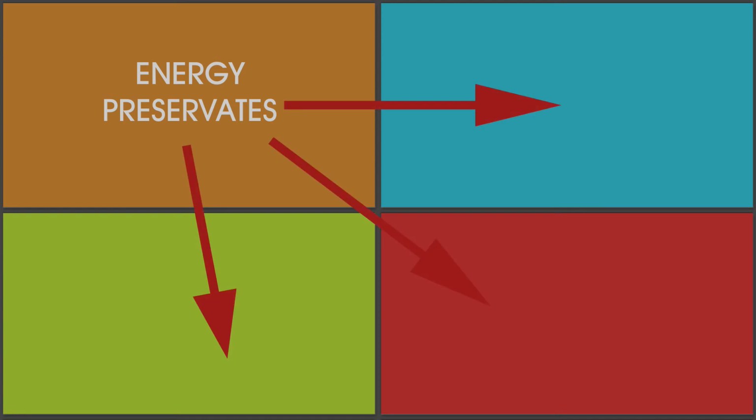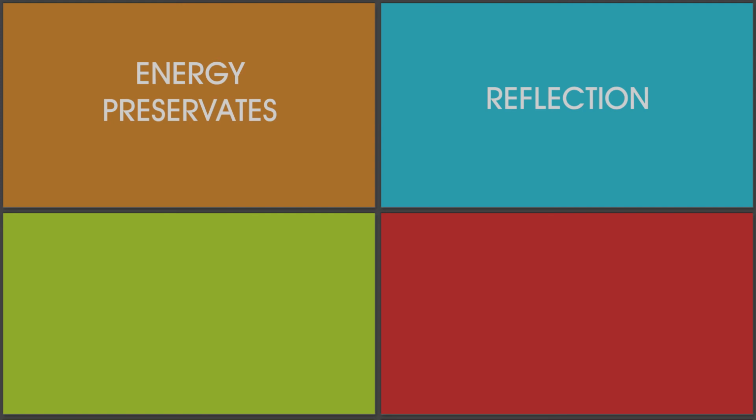And last but not least, I need to talk about energy preservation of the light. At least mention it. It's very important because all the energy that comes with the light is going to go somewhere. So it's either going to bounce on the surface of the objects, it's going to be absorbed, it's going to trespass the object and go through the other side, or something is going to happen with it.